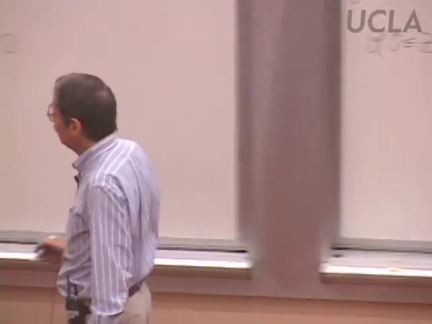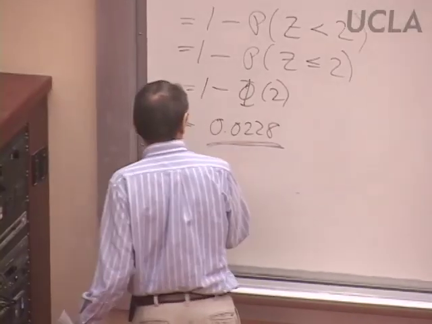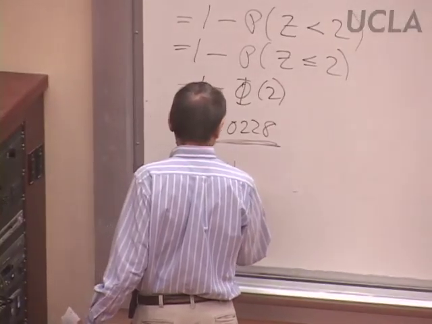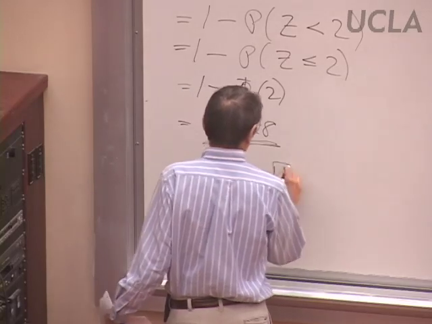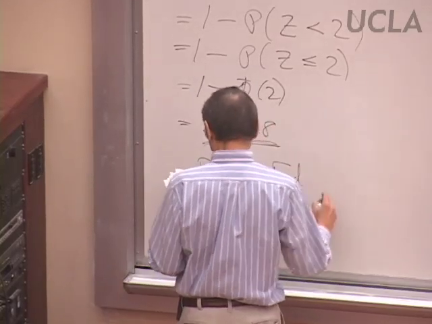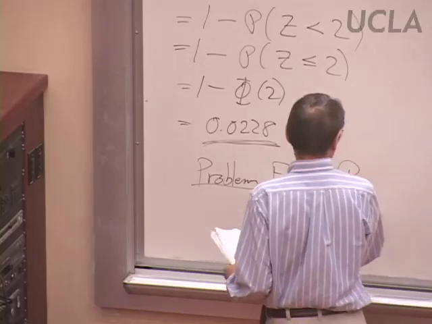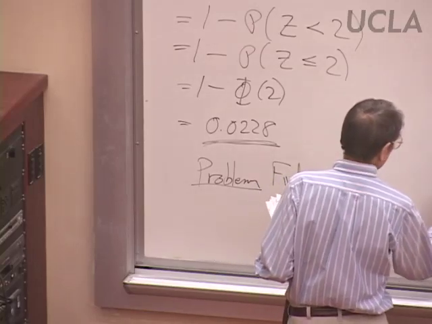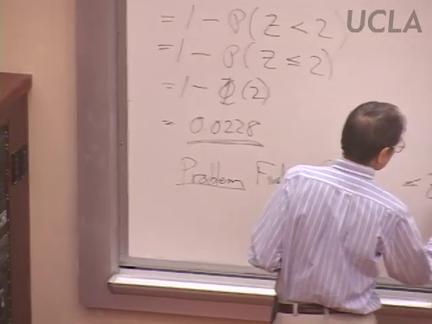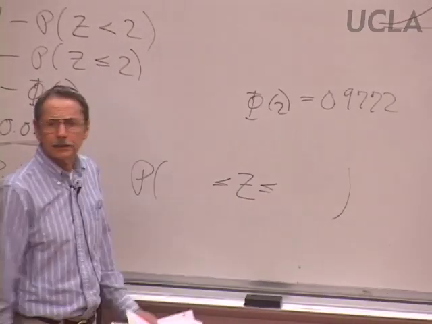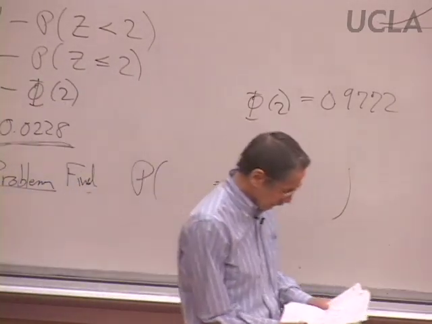So say we want to find the probability that z is in the following interval, where z has the standard normal distribution.